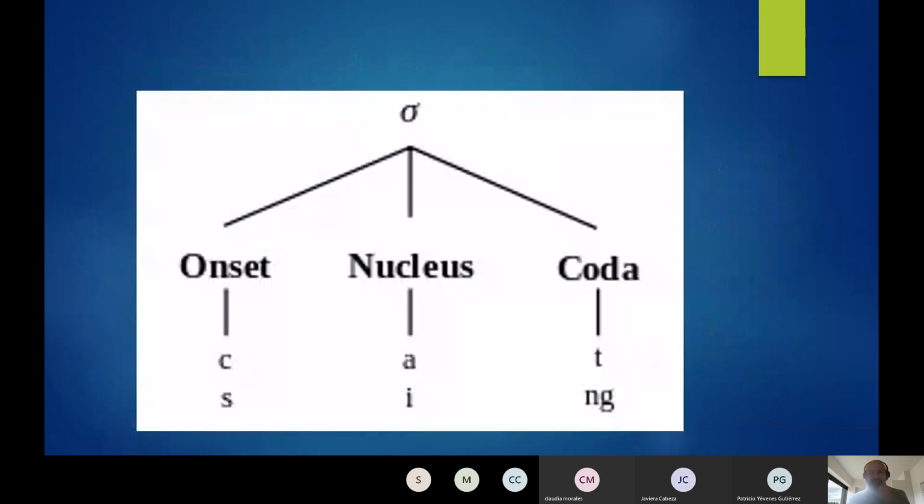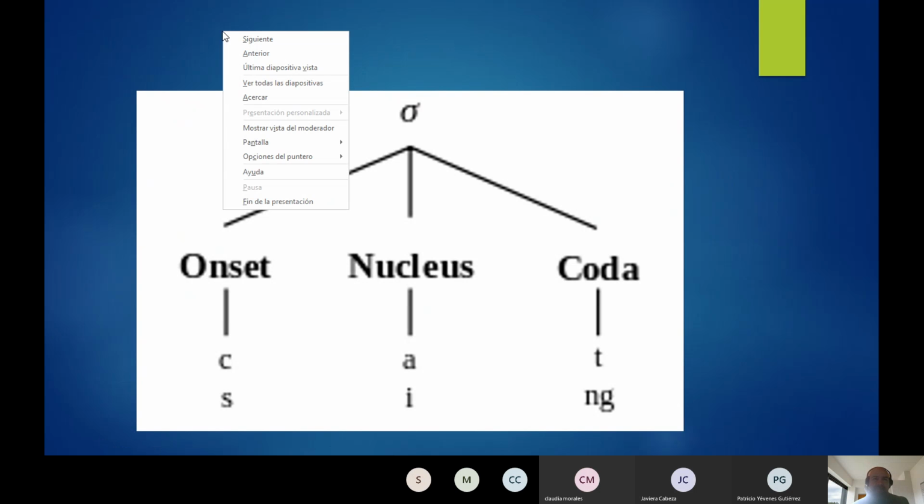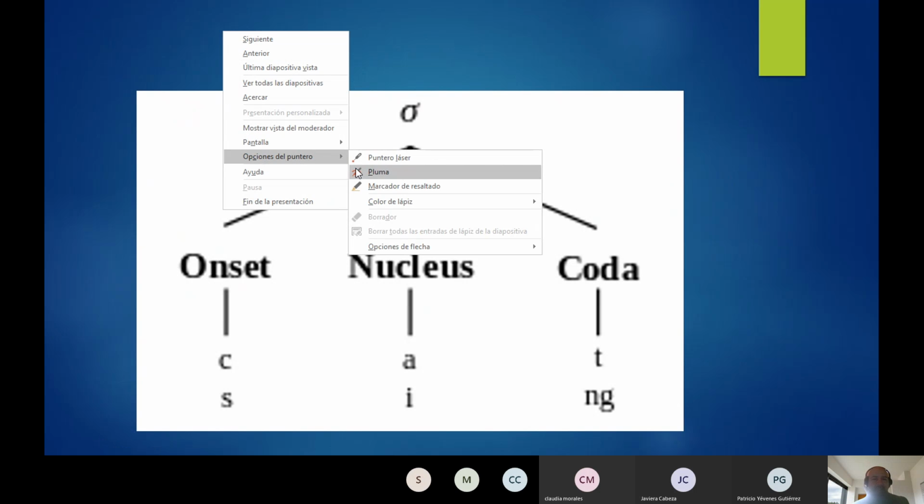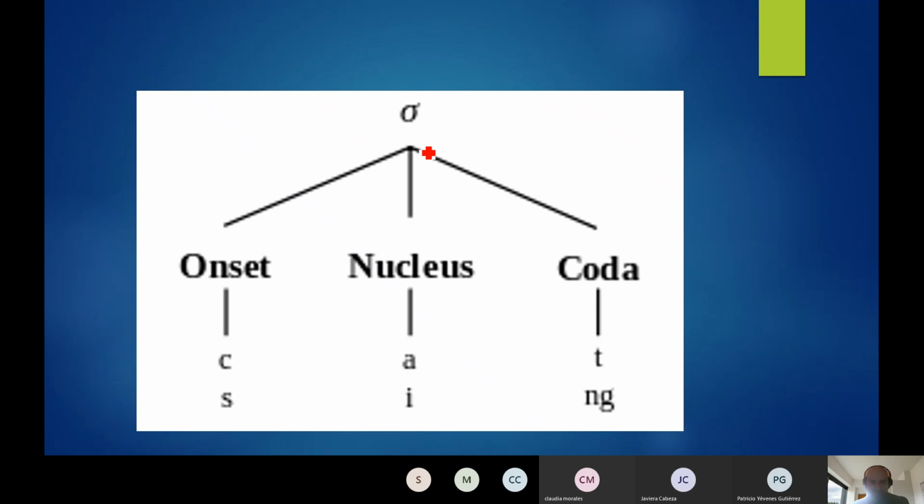So basically, a syllable can be represented like this illustration is showing us. There is a symbol that looks like this, which is called sigma. This symbol, sigma, represents the syllable. The symbol is saying, okay, this is a syllable.